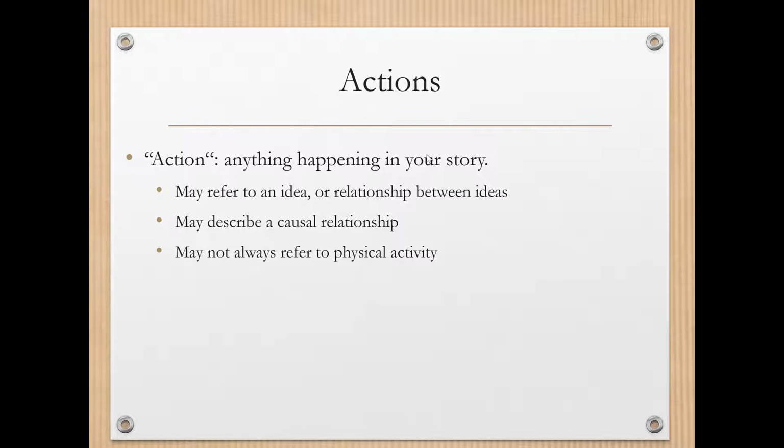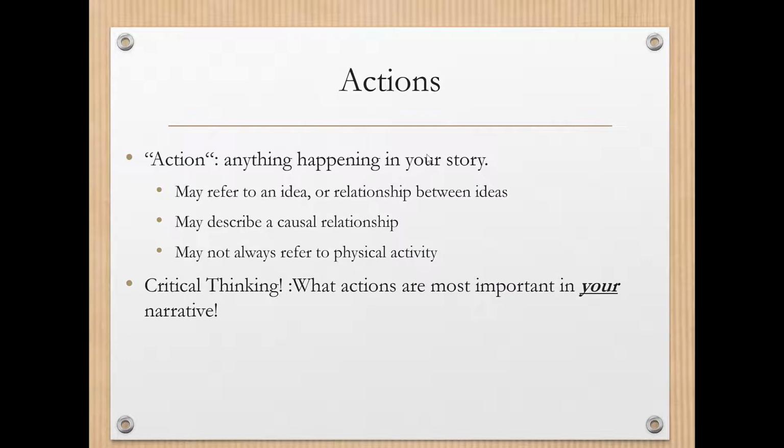So an action might refer to an idea in science or a relationship between ideas. It may be a causal relationship: this happens because of X, Y, Z. It does not have to always refer to some physical activity. So the action does not have to actually be a physical activity. I want you to stop.